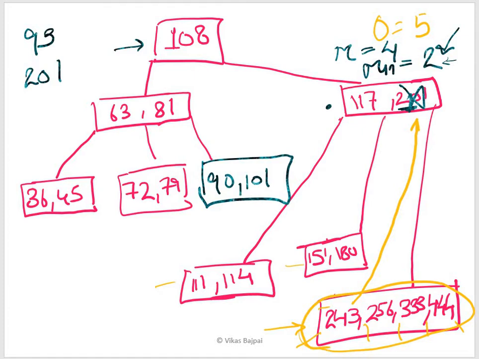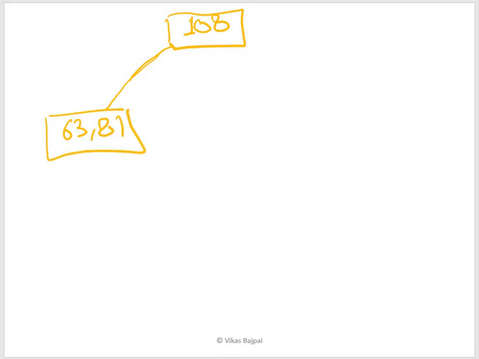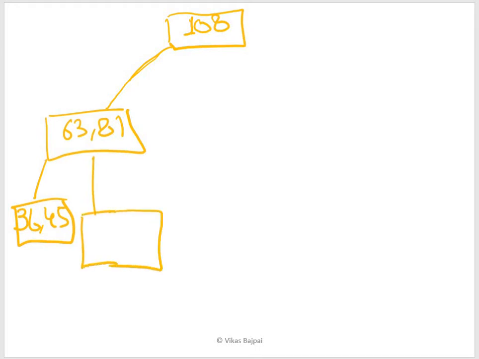So my resultant tree will be, let me draw this once again because then it would be visually appealing, right? So my new tree will look like this with these two additions. 108 on the left hand side, I have 63, 81, and on this side I have 36, I have 45, I have two more values which are 72 and 79.